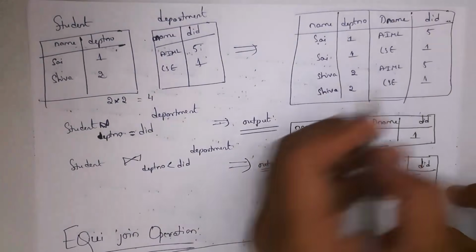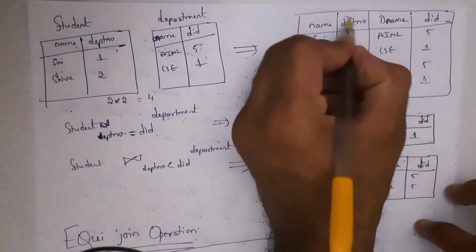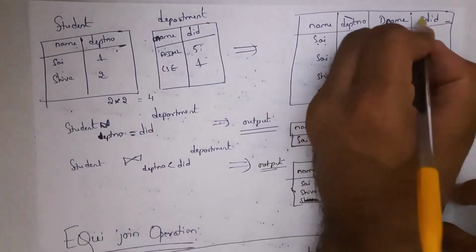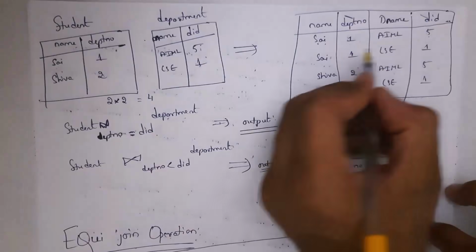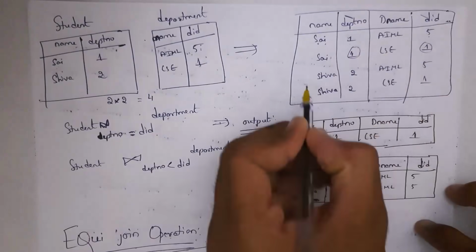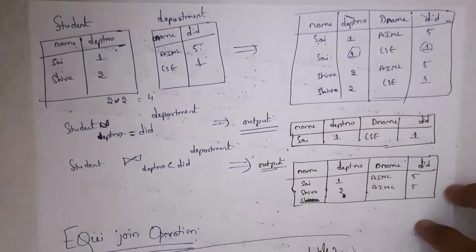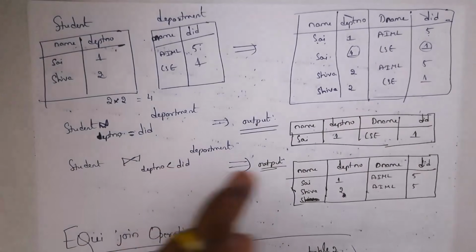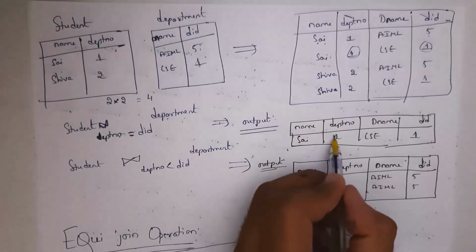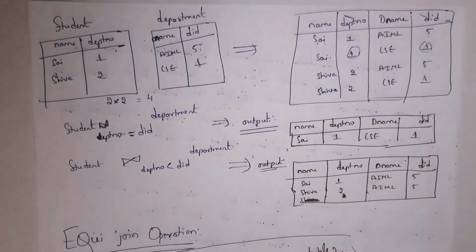So we need to check here. This is the department number column and this is the DID column. No, there is no match. Yes, here there is a match. And again 2, 5, there is no match, and 2, 1, there is no match. So whenever I write this operation, this is my output: Sai, department 1, CSE and DID 1. This is my output.